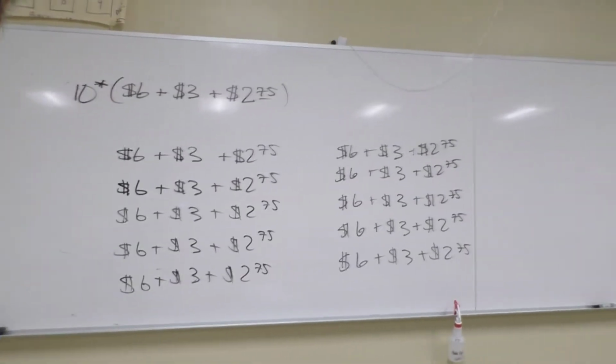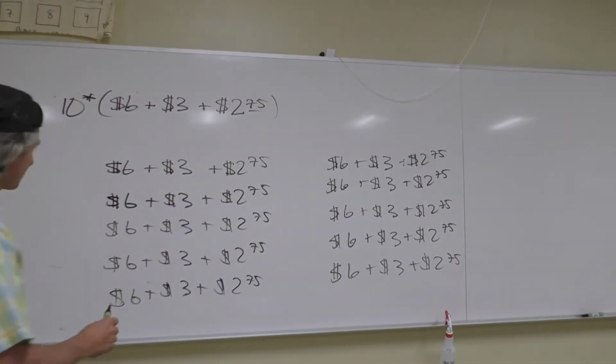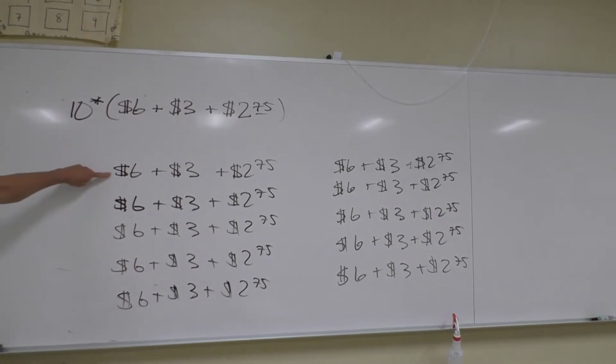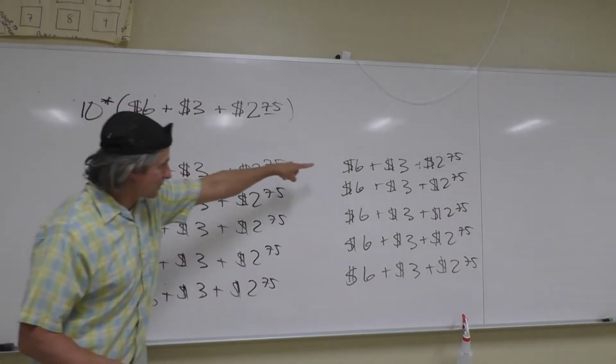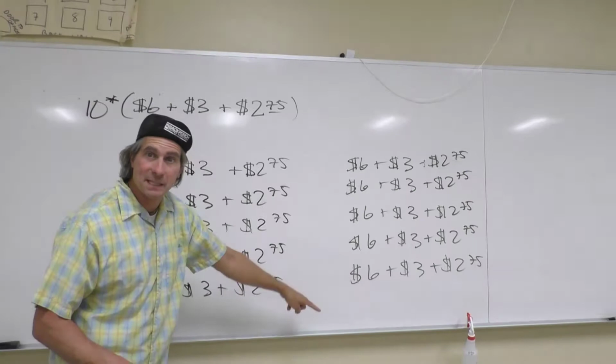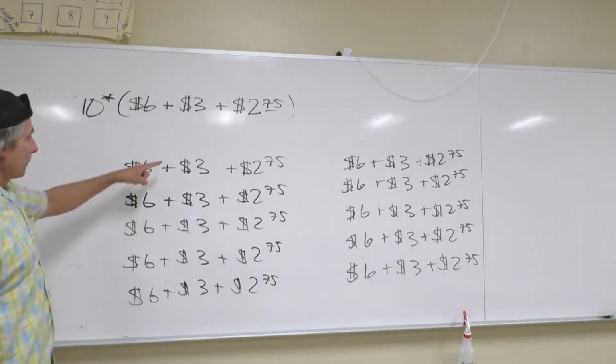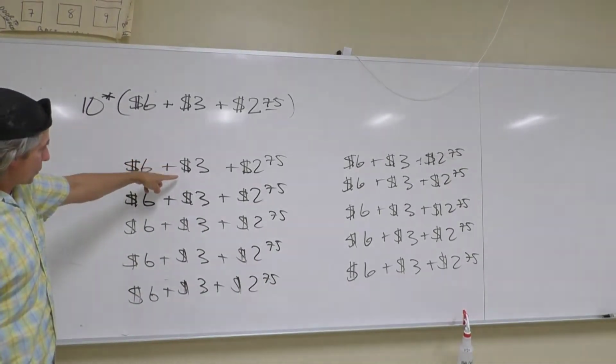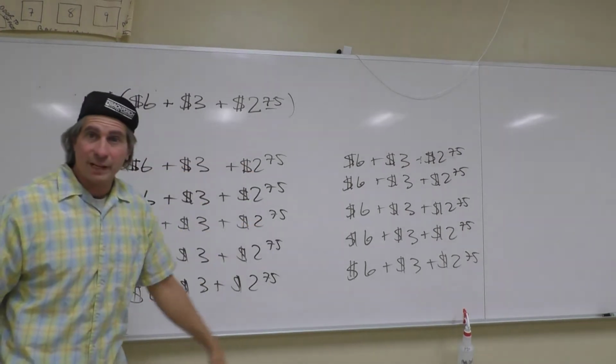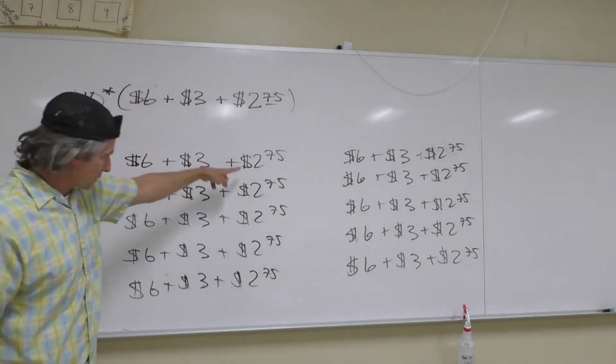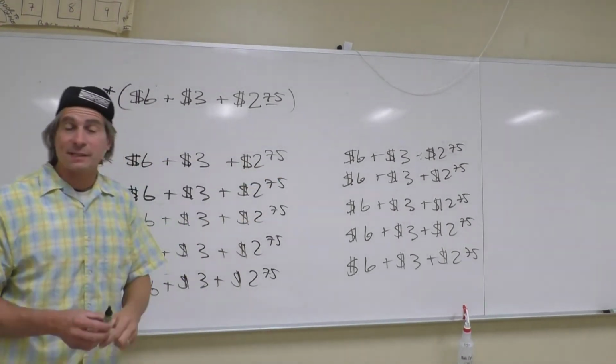And then they say, cool, now you can subtotal everything. Now you can do 6 plus 6 plus 6 plus 6 plus 6 plus 6 plus 6 plus 6 plus 6 plus 6 to get 60. And then you can do 3 plus 3 plus 3 to get 30. And then you can do 2.75 ten times to get 27.50.